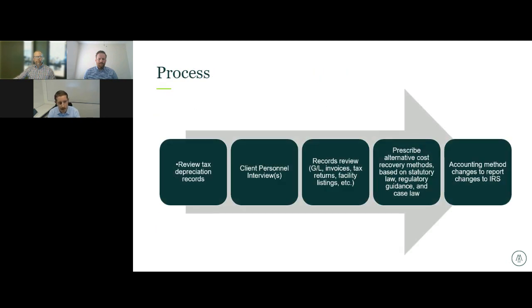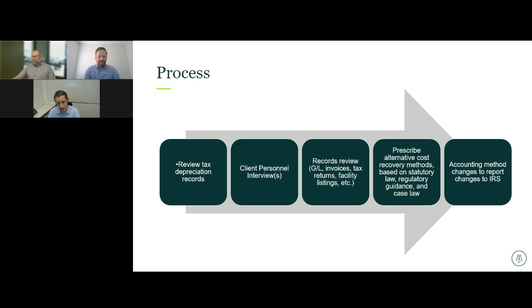The process at a glance, we usually start with reviewing tax depreciation records just to understand how property is being recovered, especially in the building improvements, leasehold improvements, those types of real property capital expenditure accounts.